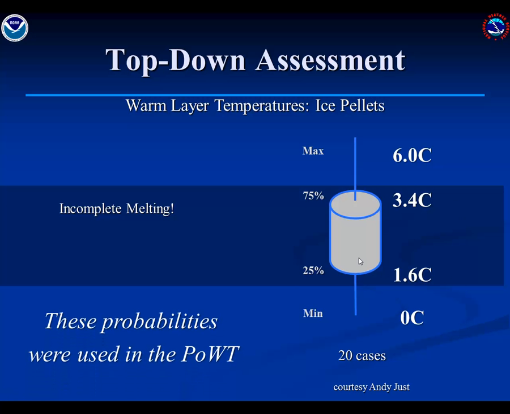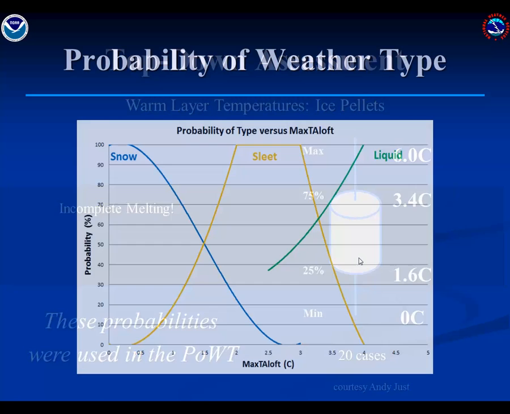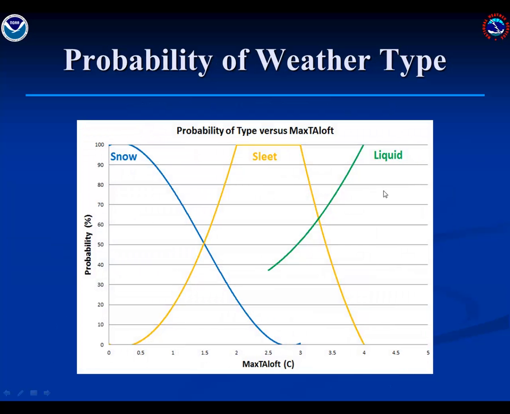These probabilities and the ones we've talked about so far for the warm layer complete melting are used in the probability of weather type. So here's how the probability of weather type was used. We look at the maximum temperature aloft, and solely looking at the maximum temperature aloft, we diagnose a few different precipitation types.